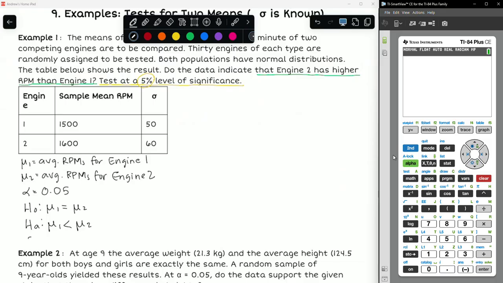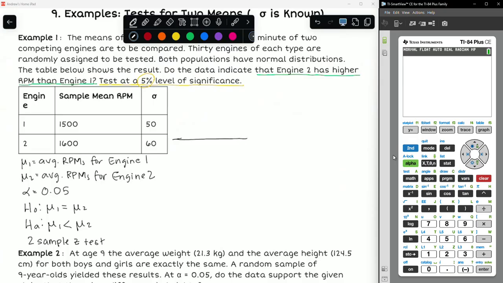So this is a 2-sample z-test, and I know that it's a z-test because in the table I'm given population standard deviation sigma and not sample standard deviation. From here, I'm going to perform this just like I did my single tests.